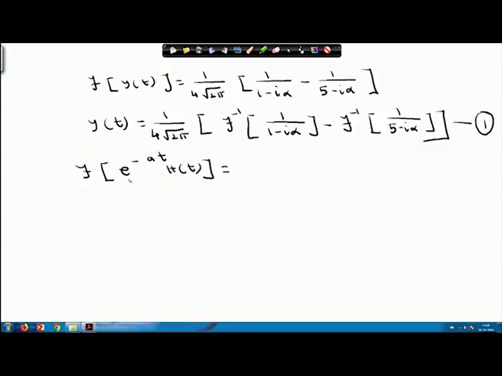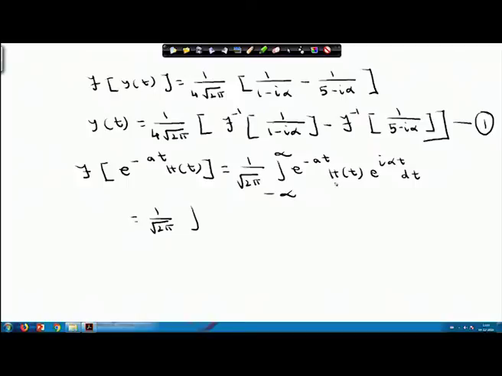So, the Fourier transform of e power minus a t into h t, from the definition, you can write as 1 by root 2 pi integral from minus infinity to infinity of e power minus a t h t into e power I alpha t dt. This equals 1 by root 2 pi.